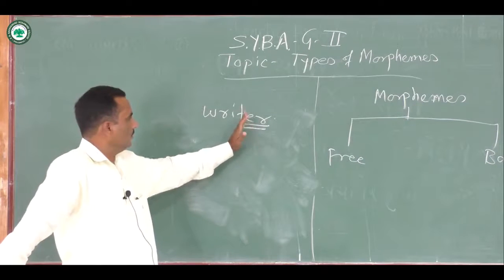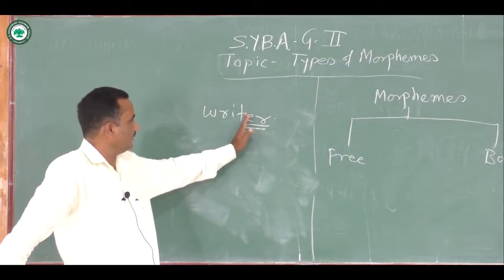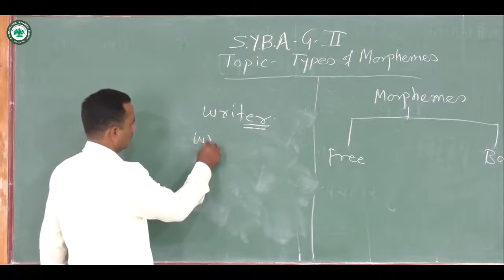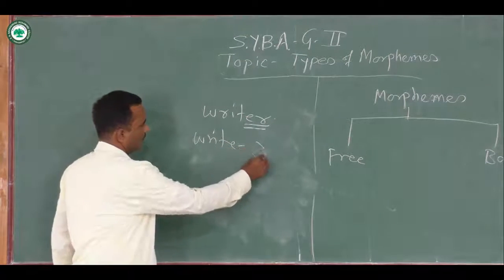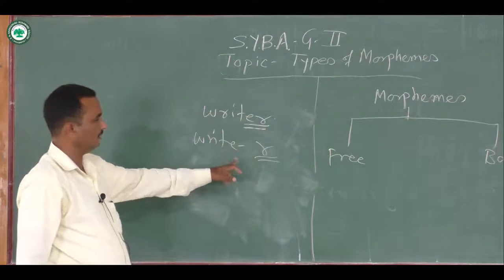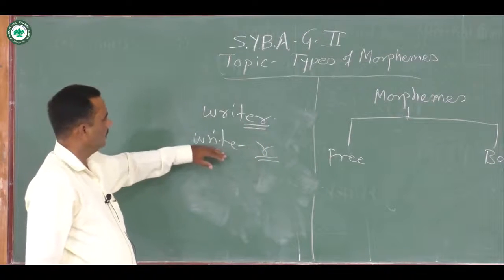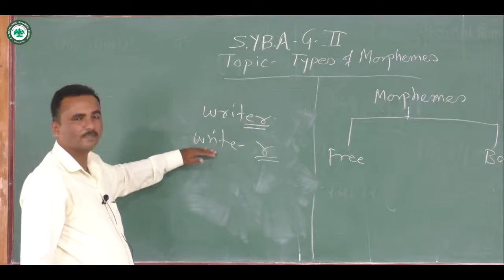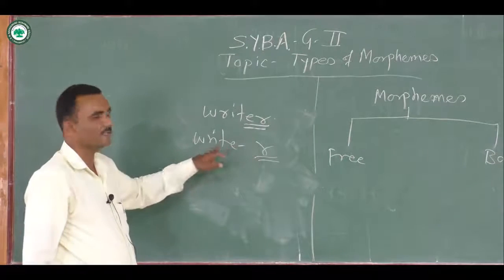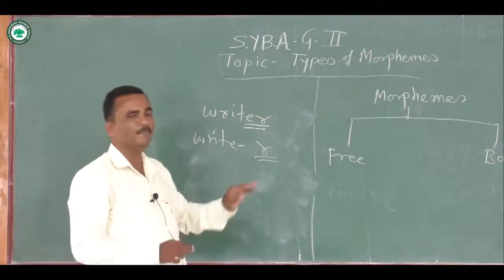So er has no meaning when it is separated from the root, that is the word write. When this er is separated or removed from the root, it makes no meaning. For meaning, it depends upon morpheme write. So it will become meaningful when it is attached to the root or the base or the stem, that is write. Otherwise, it will make no meaning.